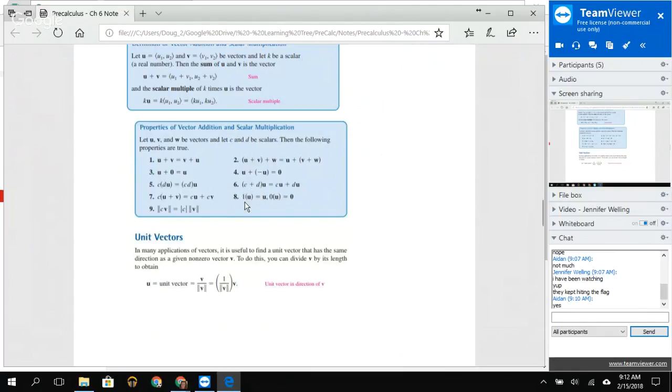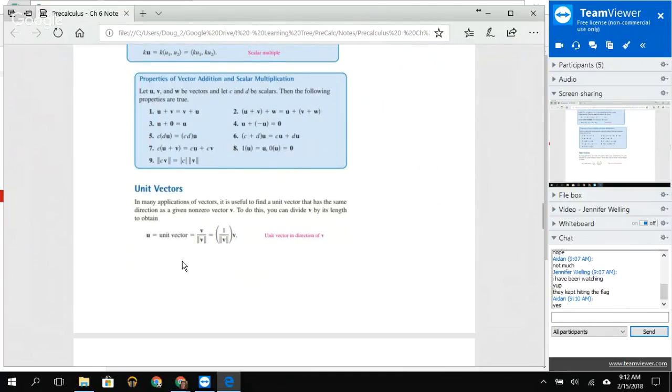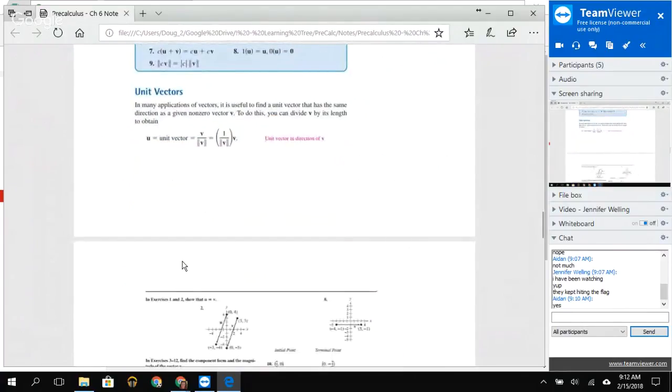And then 1 times a vector U equals U, and 0 times a vector U equals 0. So there's nothing shocking or new in that. Okay. And then we'll talk about unit vectors in just a minute when we get to some more work. So that's a bring-your-brain-back to what a vector is.